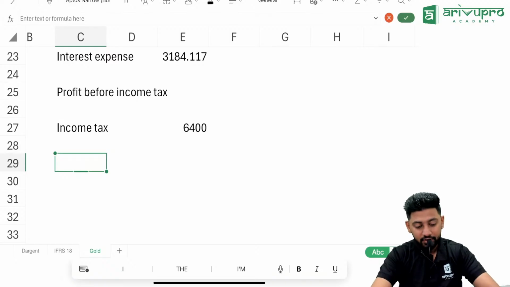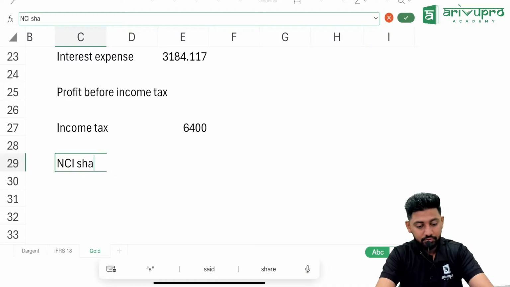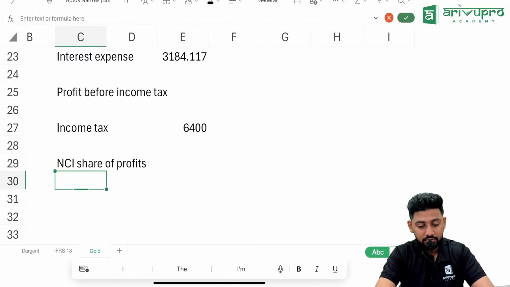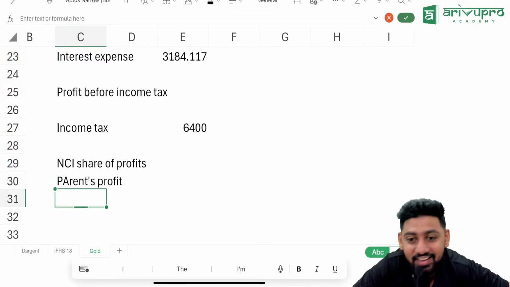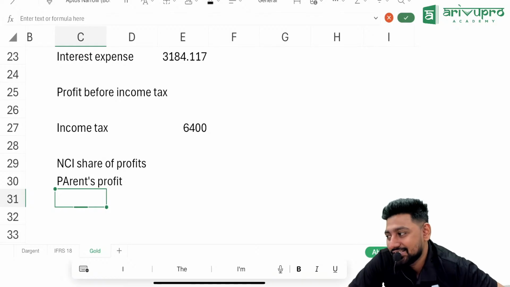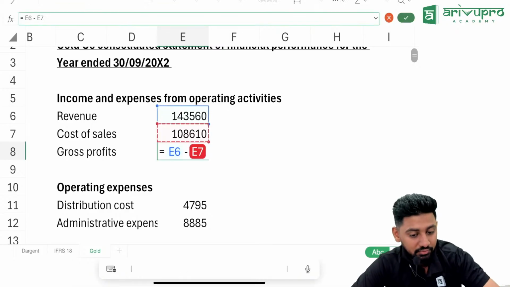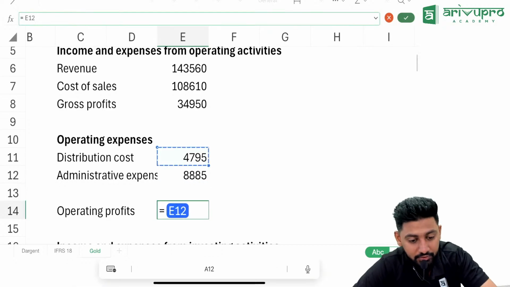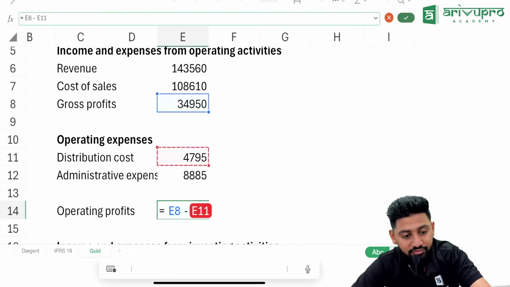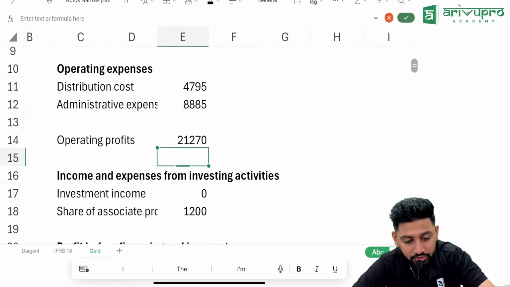And then we have NCI share of profits, parent's profits, and then we have goodwill to calculate. So if we want, we can directly take our answers equals this minus this, 39,450, and then my operating profits will be 34,950 minus 4,795 minus 885 gives me 21,270.